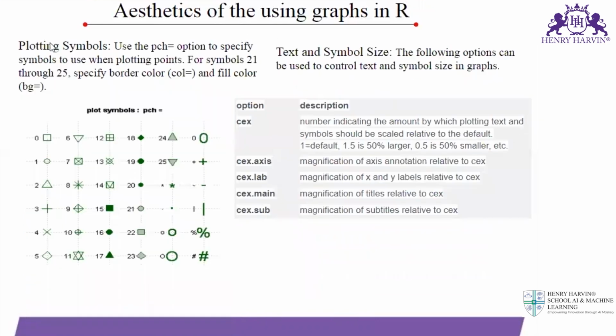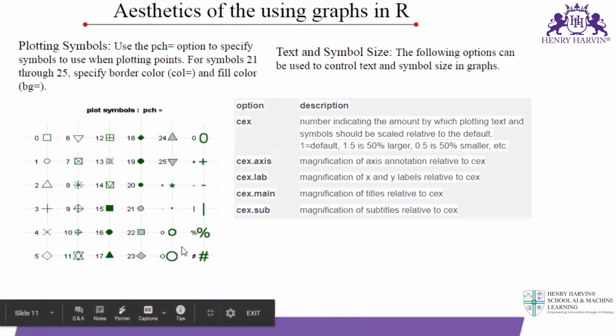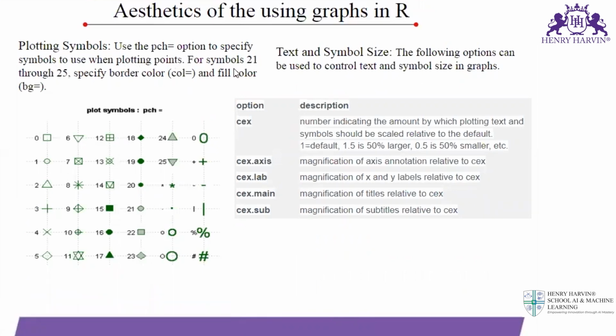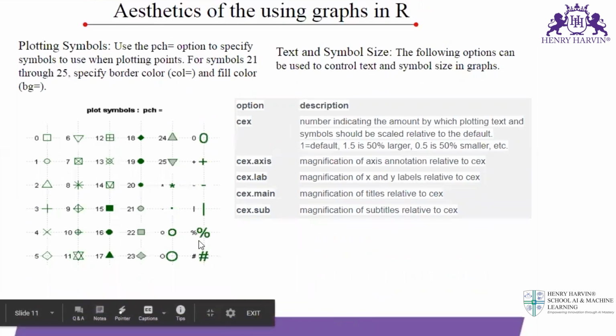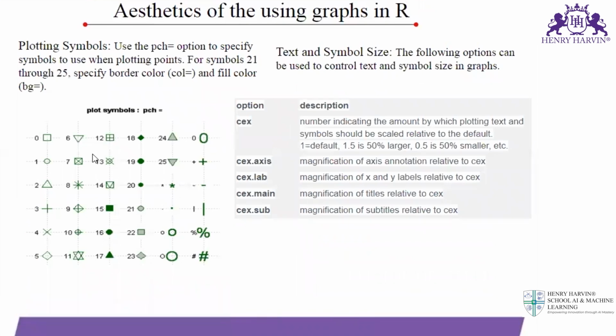Next is the plotting symbol. The plotting symbol can be of different shapes. For symbols, the numbers are from 0 to 25. There are 25 types of symbols that you can use to plot your data. The command that is used to choose the plotting symbol is pch.